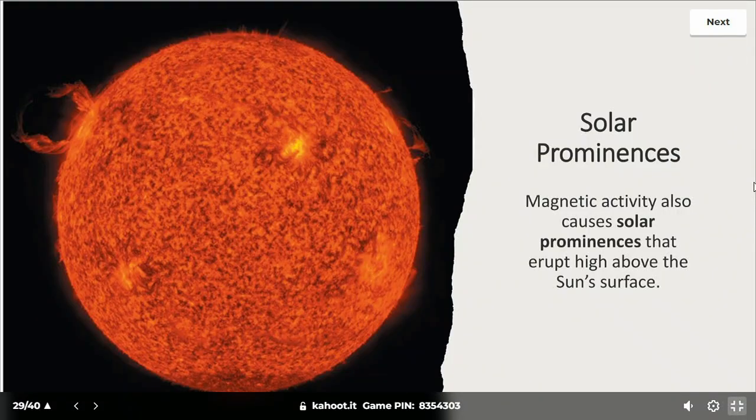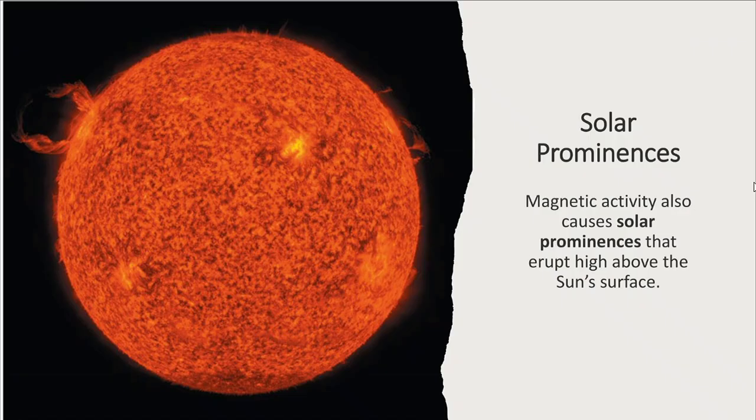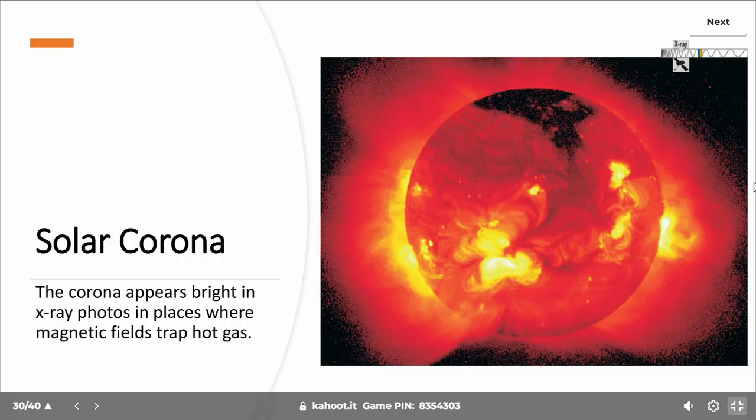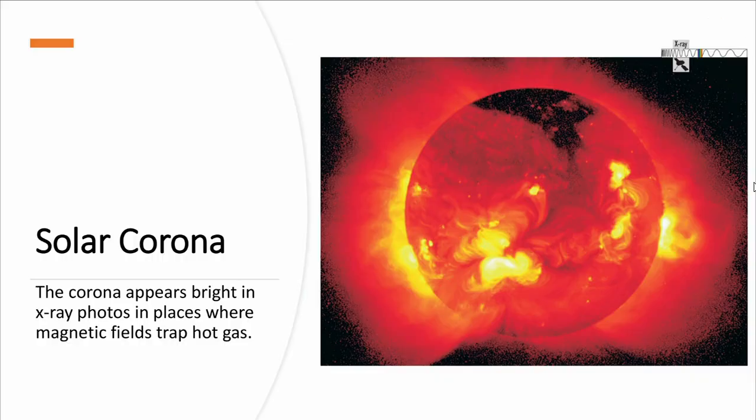So if you get some material that's coming off of the surface of the sun and then falling back down, those are called solar prominences. And so those magnetic field lines are allowing material to travel off of the surface of the sun. The corona, we remember, is the outer layer of the sun's atmosphere.